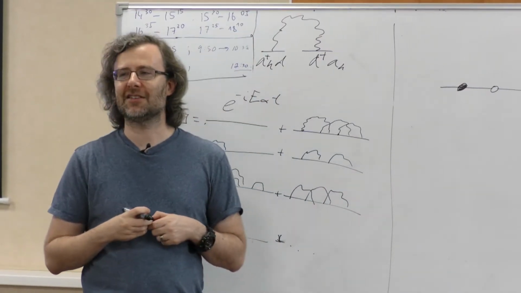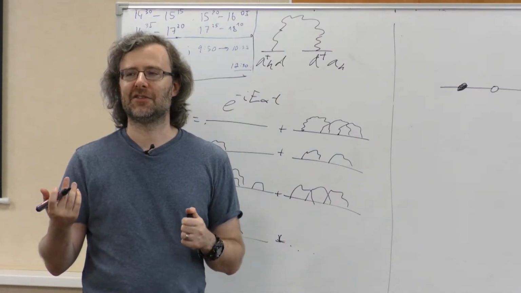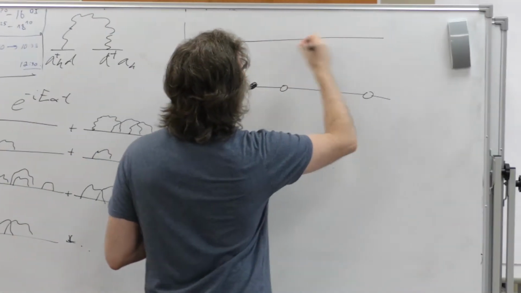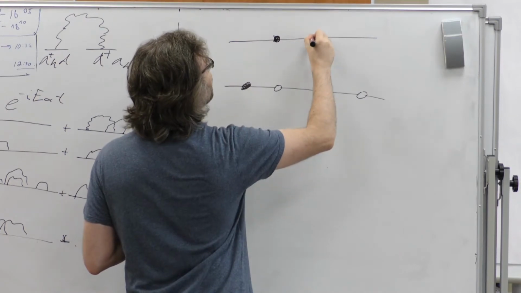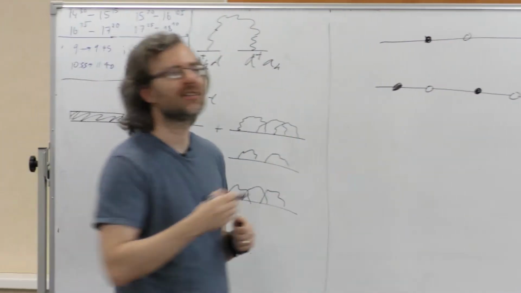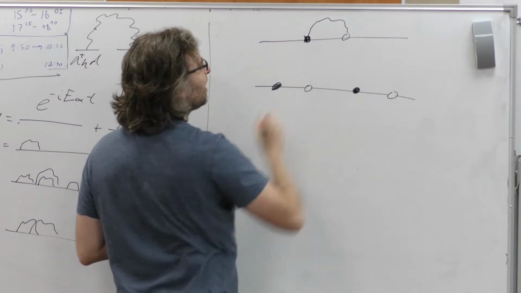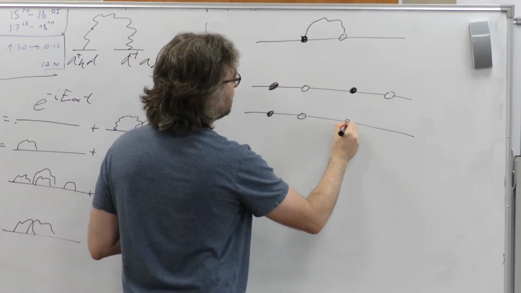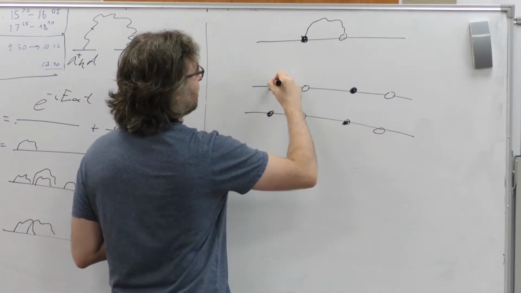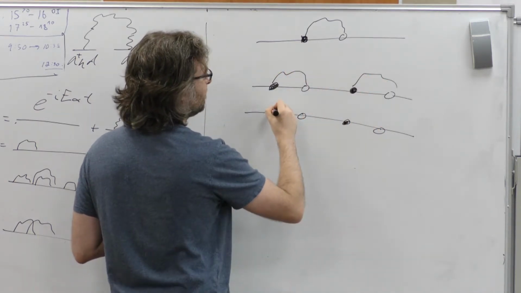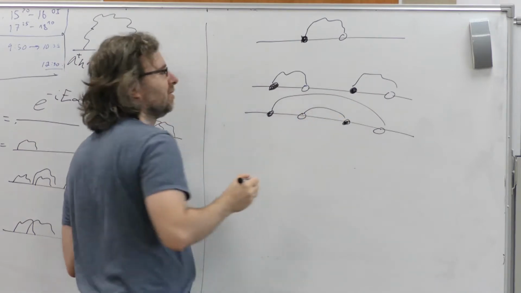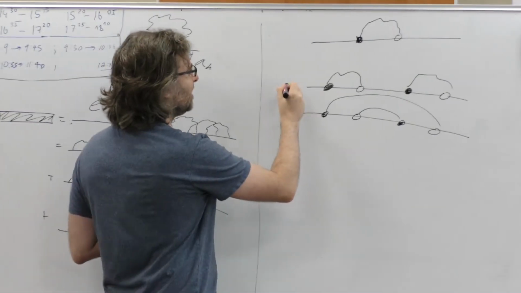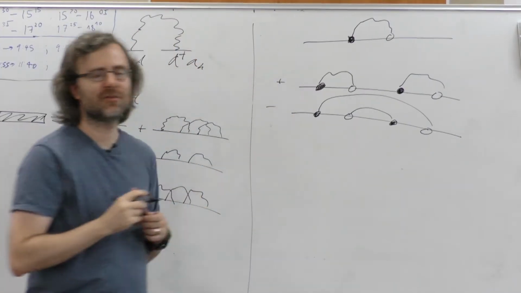So I can only connect an a to an a dagger and vice versa. So for something like this, I have to have the same number of a's and a daggers. And in this case, I can only connect one line here. In this case, I can do it like this, or I can do it like this. And it turns out that because of fermion commutations, this one will have a minus sign.